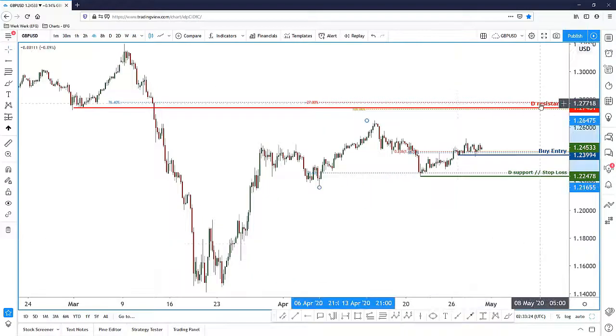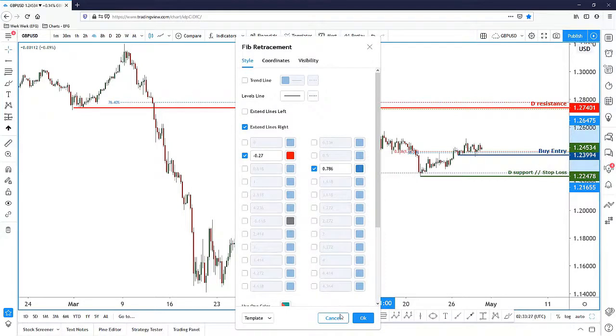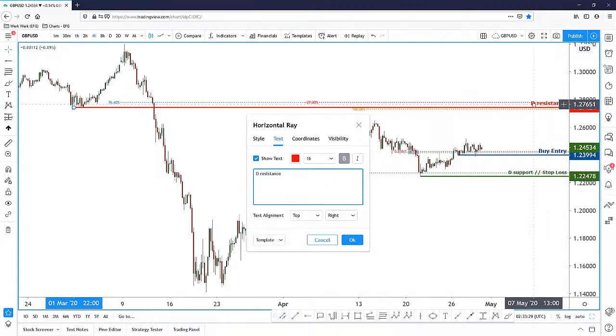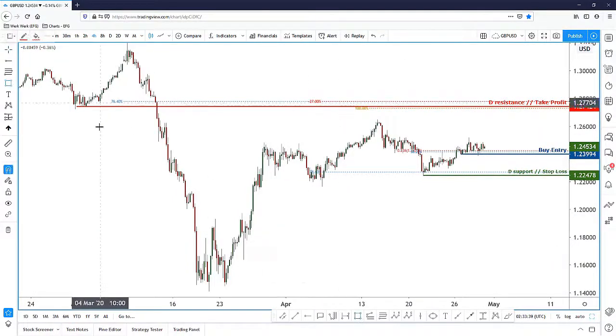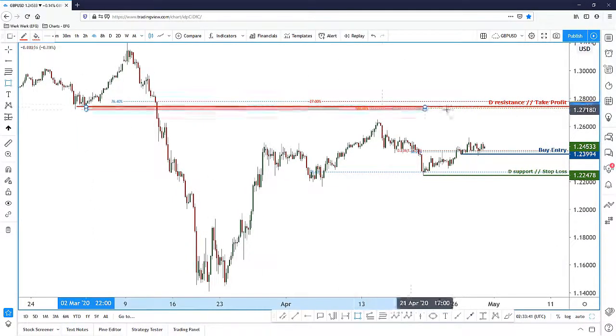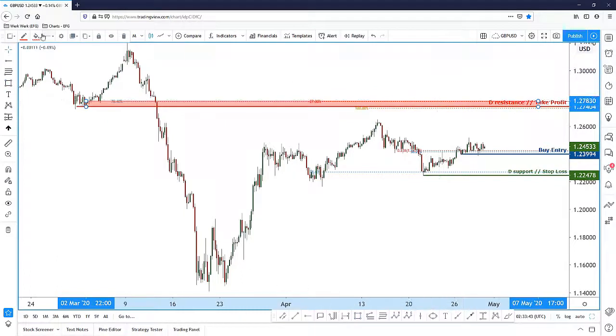Okay, and the daily resistance will definitely be our take profit. So remember, the daily resistance is really a small zone. Let me just highlight it so it's easier to see.